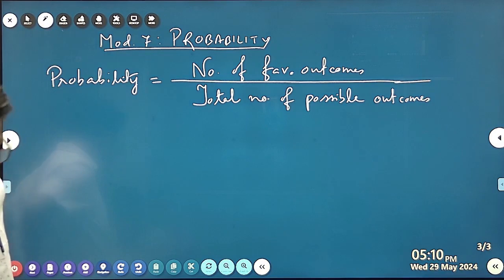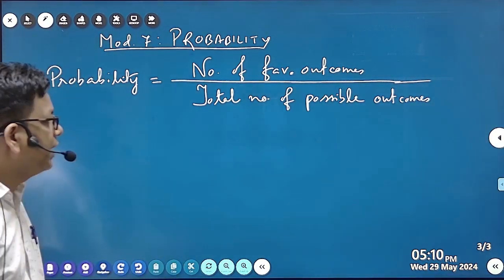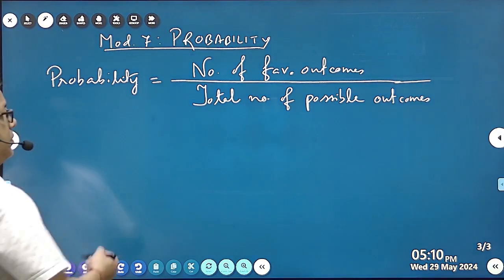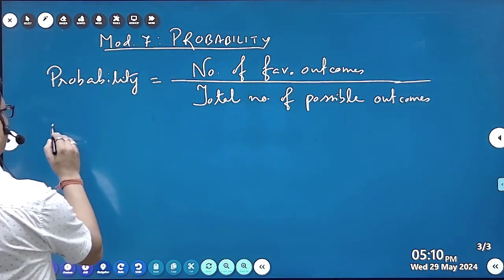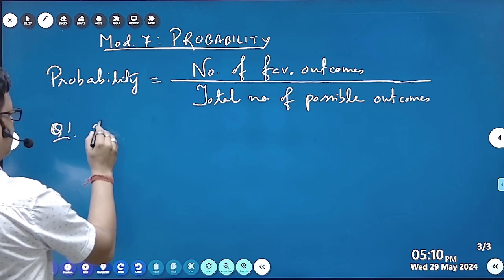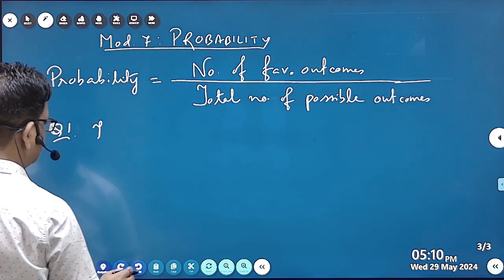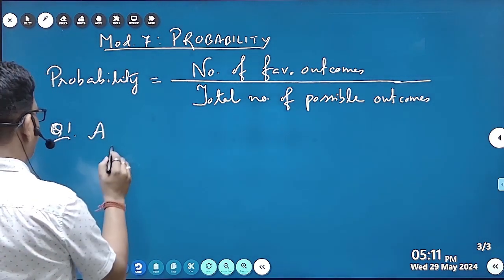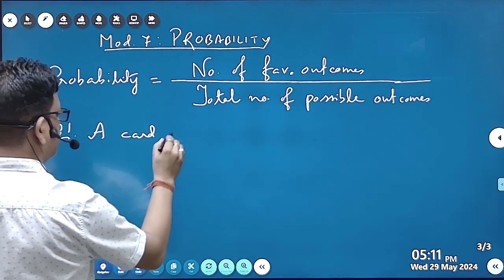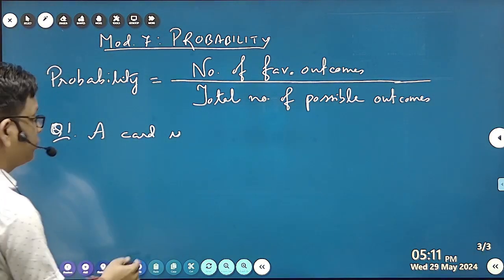Anyway, questions always come from probability. I'll write some questions and we'll also discuss. Supposing this is question number 1. A card is chosen. Card means the playing cards. I hope you all know there are 52 playing cards.